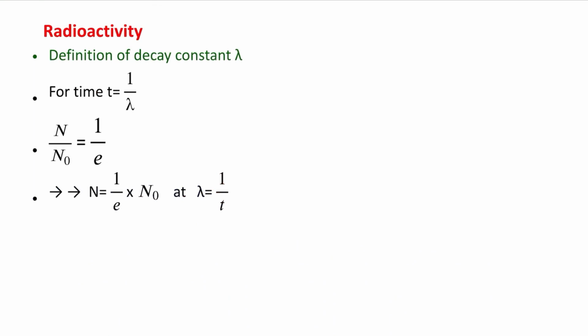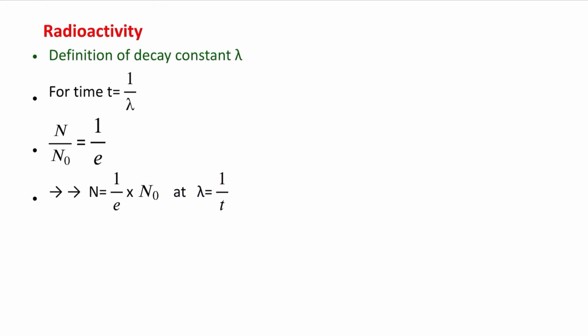So we have to now construct another definition of decay constant lambda. We have observed that for time t is equal to 1 by lambda, N is equal to N0 times 1 by e. See here, at t is equal to 1 by lambda, I have got N upon N0 is equal to 1 by e.